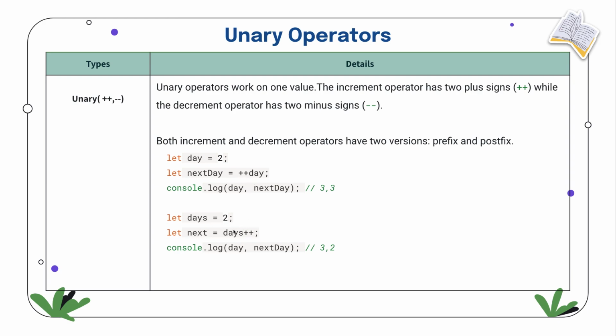In both scenarios days will increment, but the effect on the second variable differs. In pre-increment the second variable gets the incremented value, but here it gets the previous value of days, and then days gets incremented. So next will still be 2, but days will become 3. There is a printing mistake in the slide, but days will be 3 and next will still be 2. The same way it will work for minus minus.